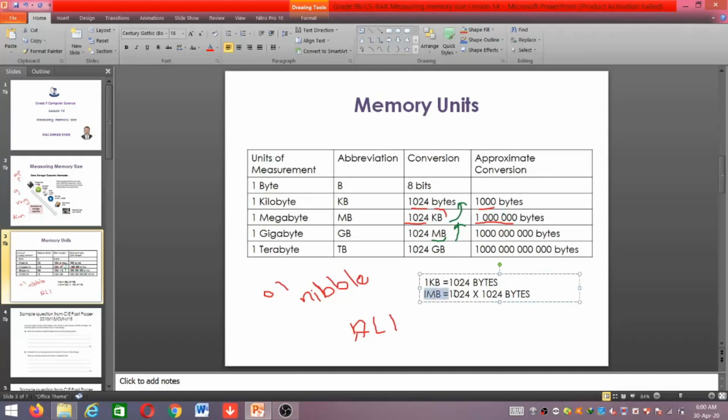But if we are taking it as GB, what it means is 1 GB is equal to multiplying 1024 three times. Okay, likewise TB means we multiply it 4 times.